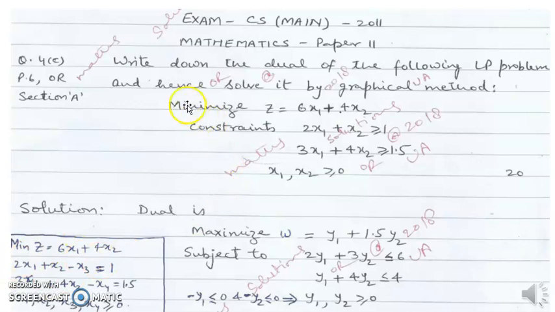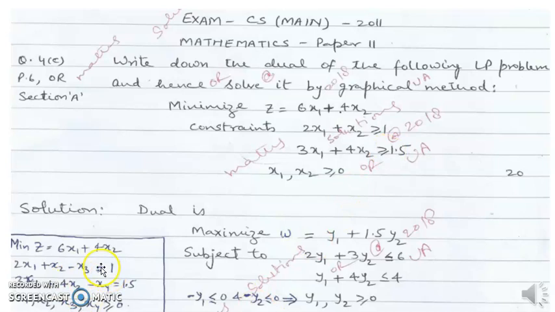First we would like to write down the primal problem in standard equation form. Minimize z = 6x1 + 4x2, and the constraints are 2x1 + x2 - x3 = 1. Here x3 is a surplus variable because the constraints are of greater than or equal to sign.